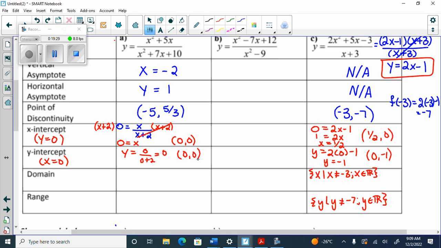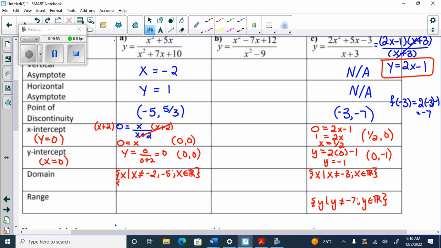Domain and range is where everyone messes up. Domain is what the x's can't be, all the x's, including the point of discontinuity. And the range is all the y's, including the point of discontinuity. So my domain is x such that x can't equal -2 because of the asymptote and -5 because of the point of discontinuity. I often only get one number here.